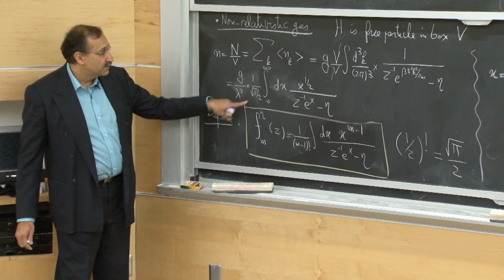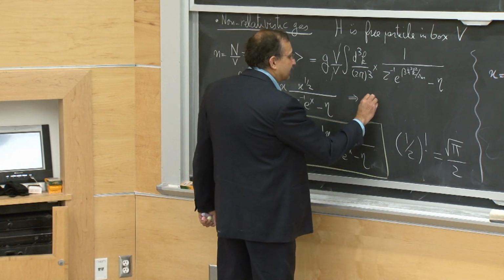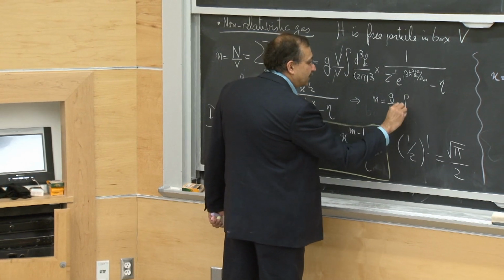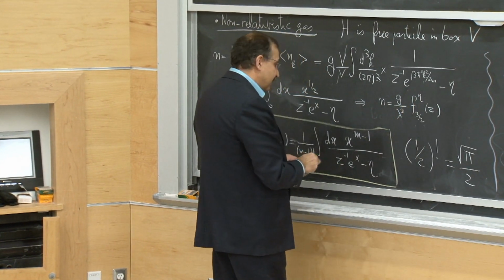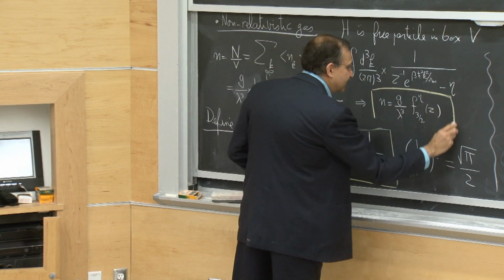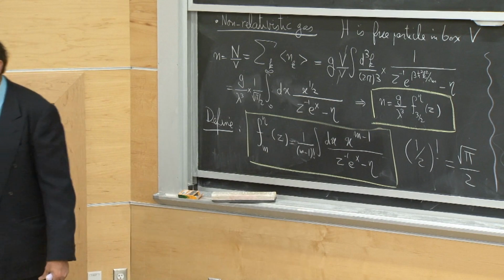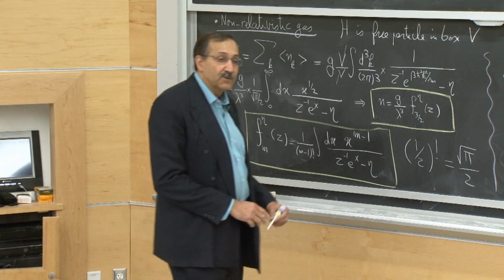It was properly normalized. So the whole thing here can be written as n is g over lambda cubed f 3/2 eta of z. That is the expression that relates the density to the chemical potential, or this combination e to the beta mu, which is z, or the fugacity, is simply this nice formula.